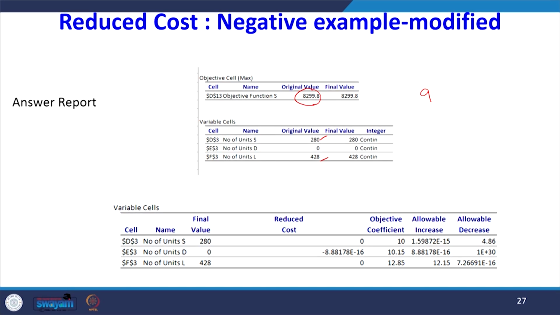When it was 9, it was 8299, and when it is 10.15, it is also 8299. That means this problem has multiple optimal solutions. But look at the value of reduced cost. It is 0 here, because this is minus 8.8 times 10 to the power minus 16, which is 0.